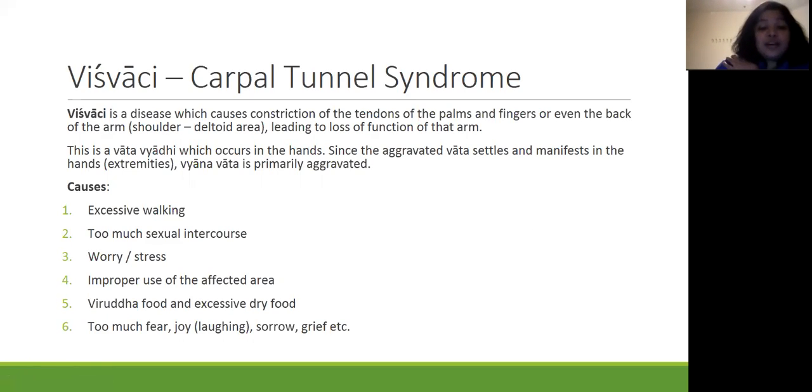So here, even if you have this sort of frozen shoulder or this type of pain, but it's occurring more on this side, on the back of the shoulder or the back of the arm, that also can be considered as Vishwachi. So it's not just carpal tunnel alone, but it's also indicating other symptoms.